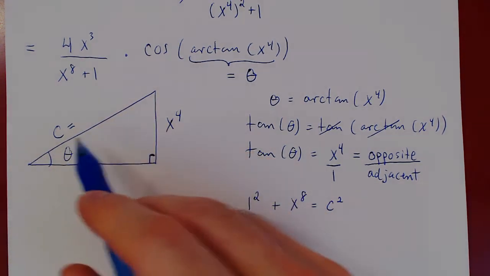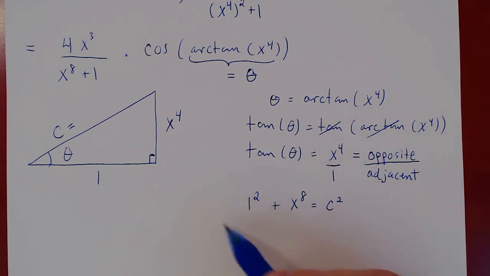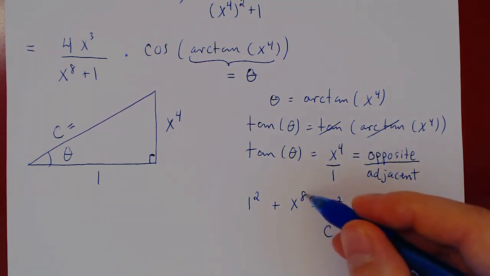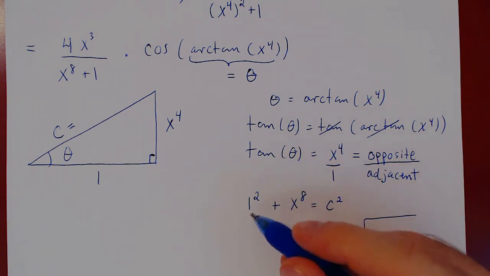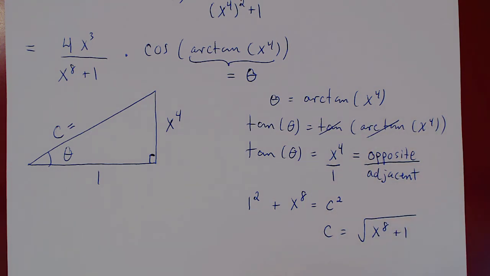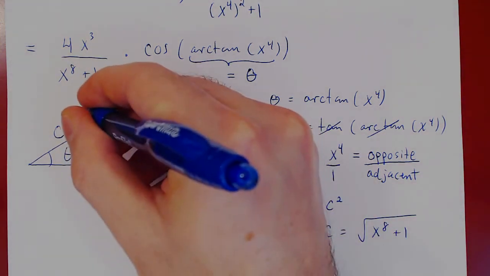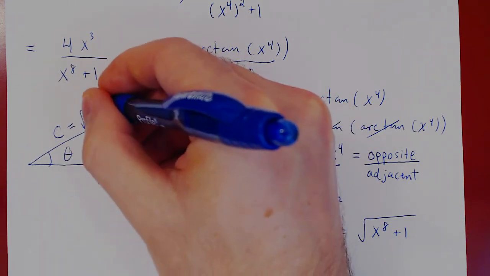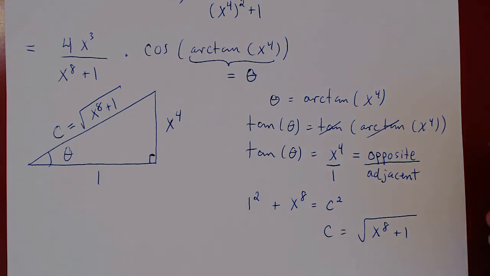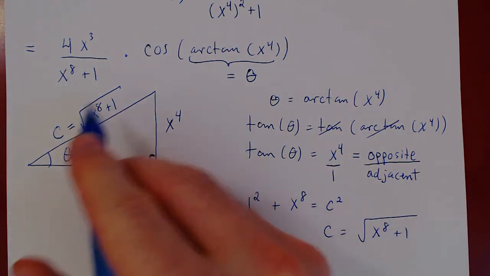This is positive, and so we can easily solve for c by taking the square root. So c is the square root of x to the 8 plus 1 squared, which is just 1. And we have the hypotenuse of our right triangle, the root of x to the 8 plus 1.